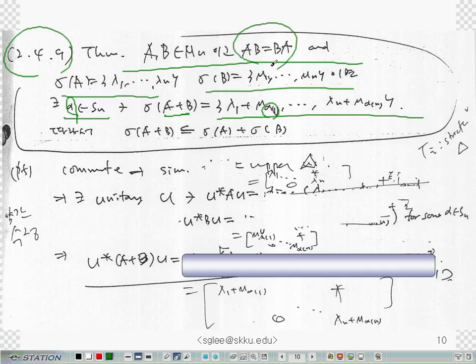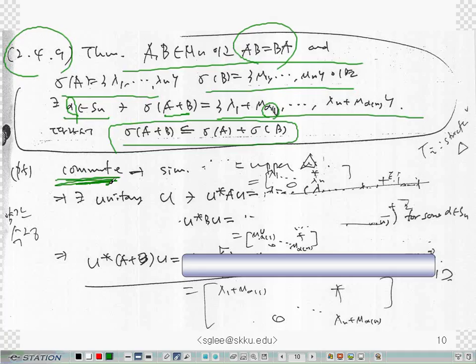This is possible if A and B commute. What this means is this. This is a remark that we saw a minute ago.